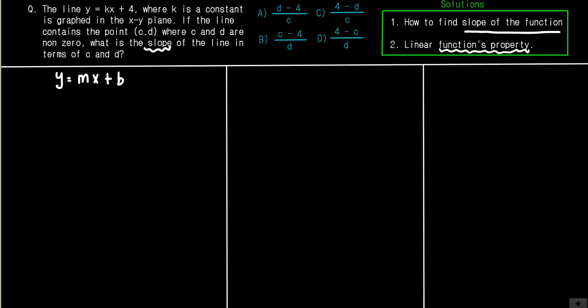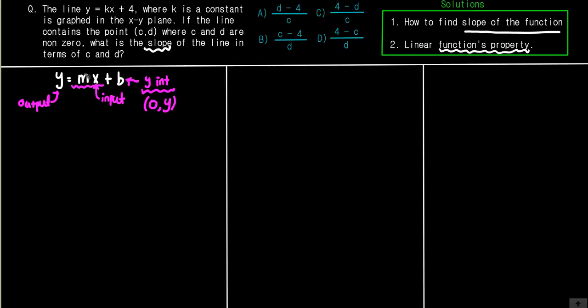The y value is the output of our function, which comes out after we input a value, and the input value is our x value. The b term is the y-intercept. The y-intercept means the value of y when x equals 0, because if we input 0 for x, the whole term cancels out and we only get y equals b.